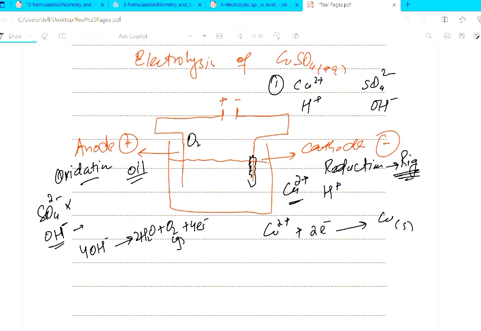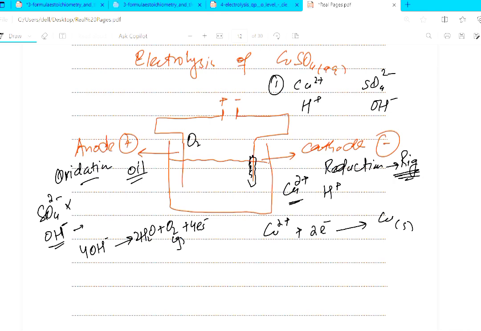One more thing we have to make clear is which type of electrodes we will take over here. We can take inert electrodes. You can say that we can take the copper anode.